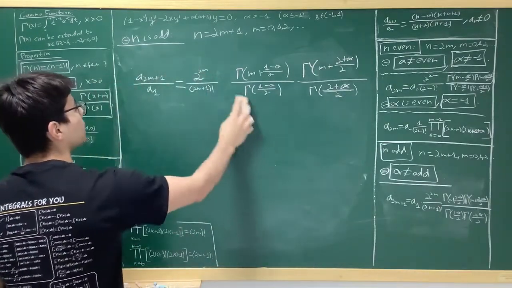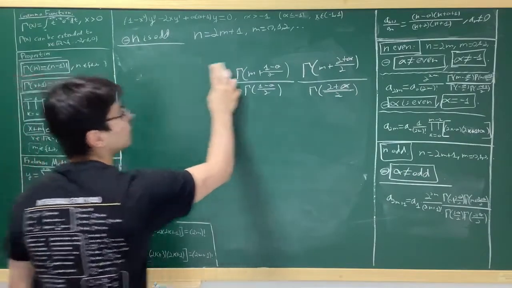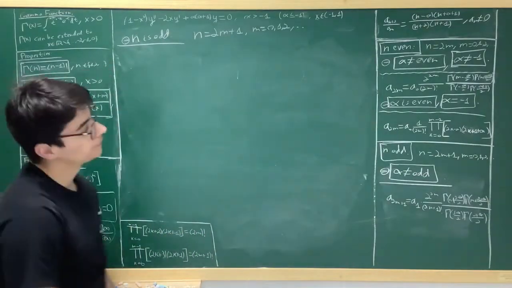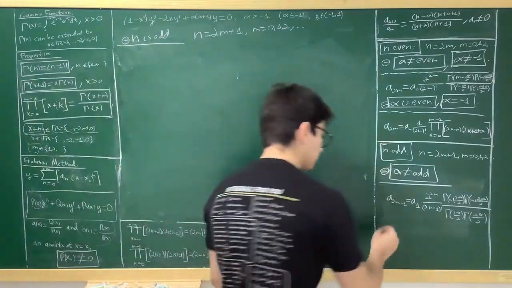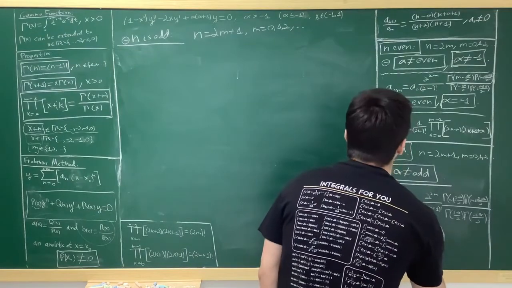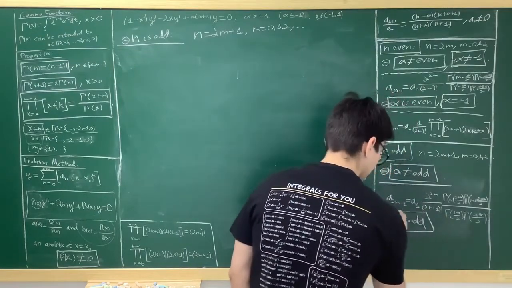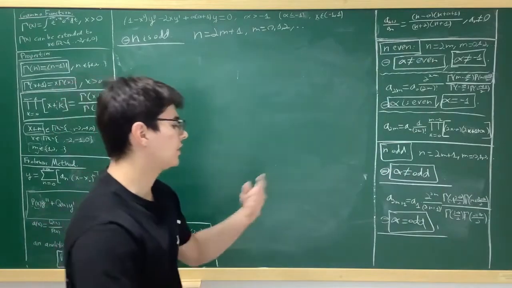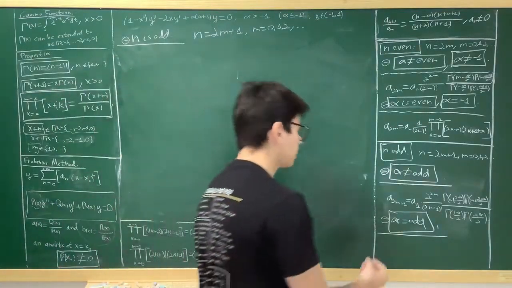Now, what happens with the other case, the case in which alpha is odd? Well, if alpha is odd, again, we just have to write our general relation. And what is our general relation?